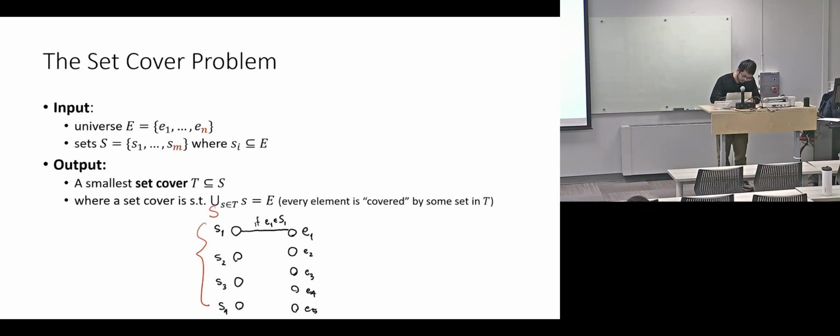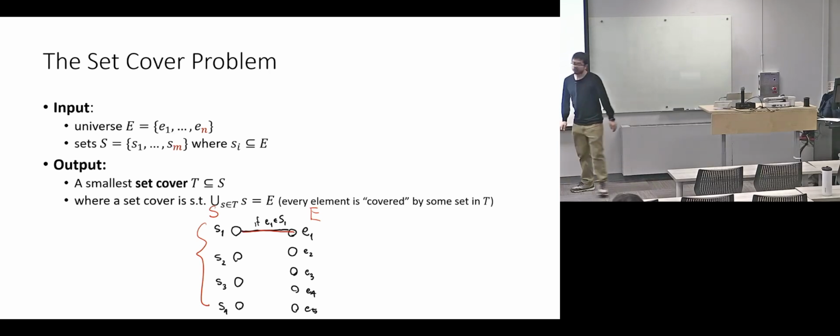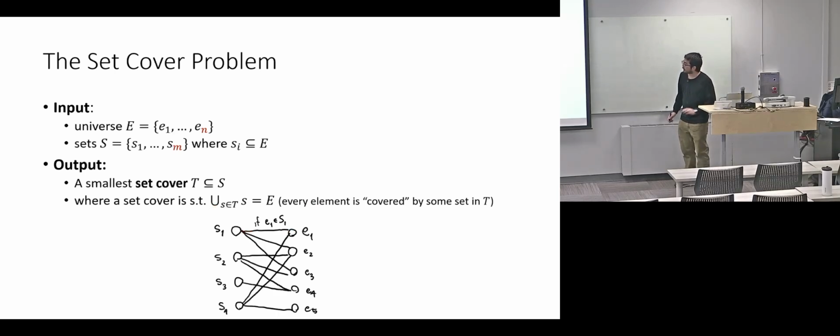This is S, this is E, the elements, and I just draw an edge if an element is in the set. By drawing these edges, you basically get a bipartite graph.